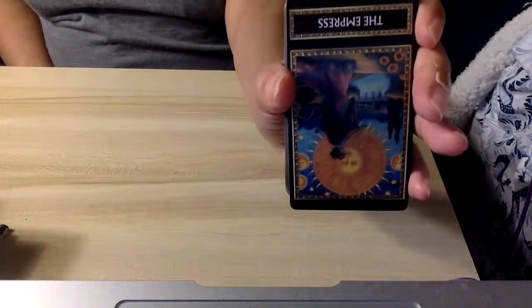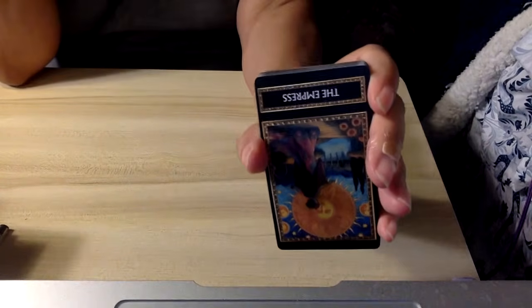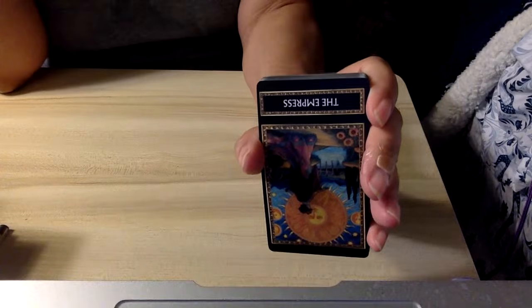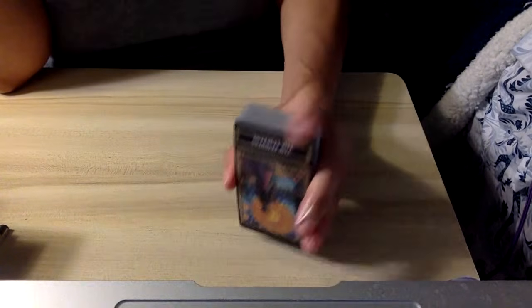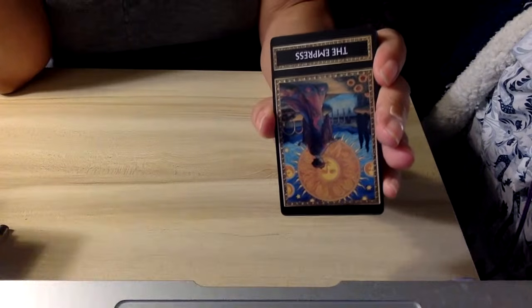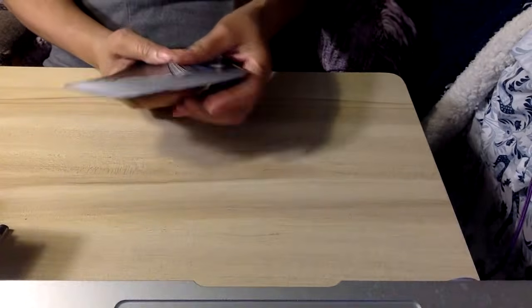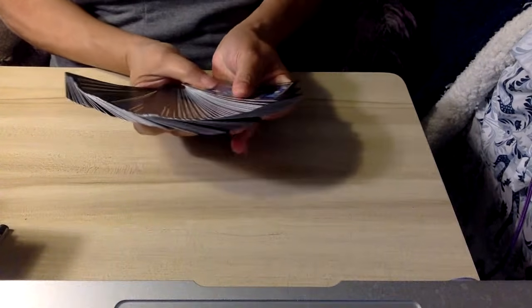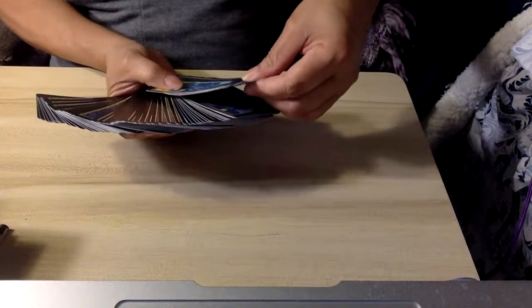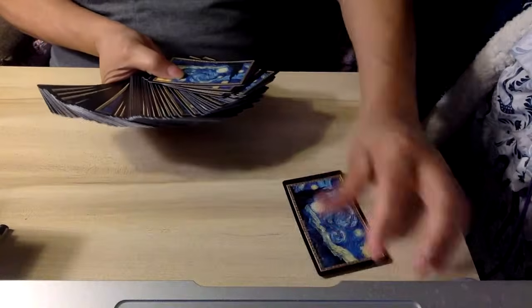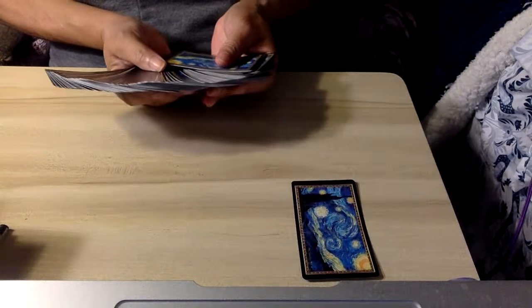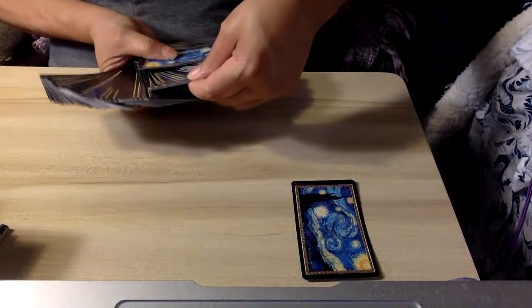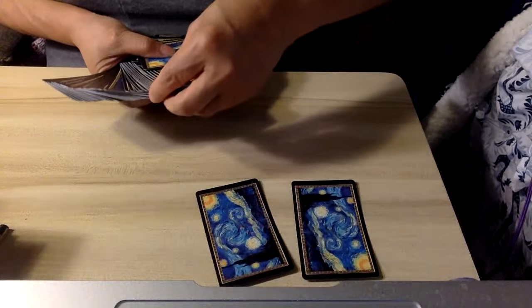The Empress. Ooh. The Empress in reverse is domestic. Okay. That's the home. Wow. Okay. Four cards. Was something found in the home? Annie and Tommaso's home.